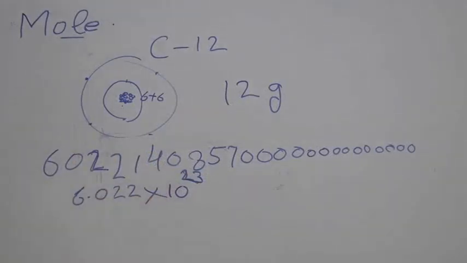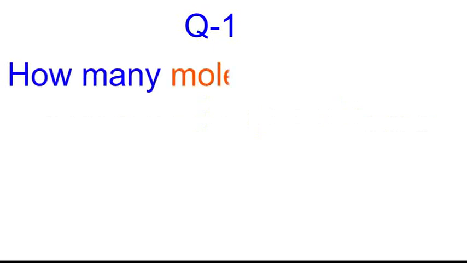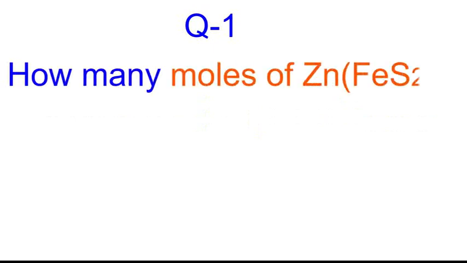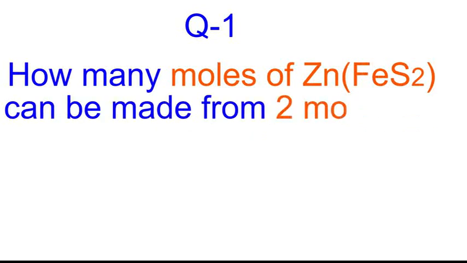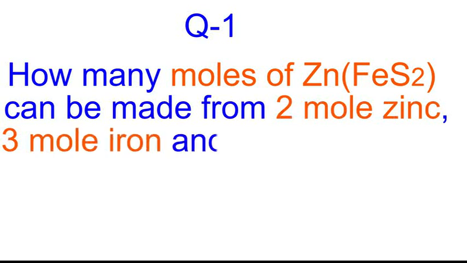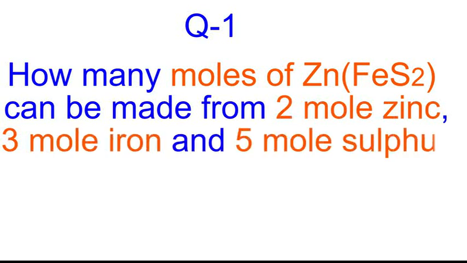Again this is approximation. Now here is your homework for this lecture. You have to find out how many moles of ZnFeS2 can be made, from 2 moles of zinc, 3 mole iron and 5 mole sulfur.